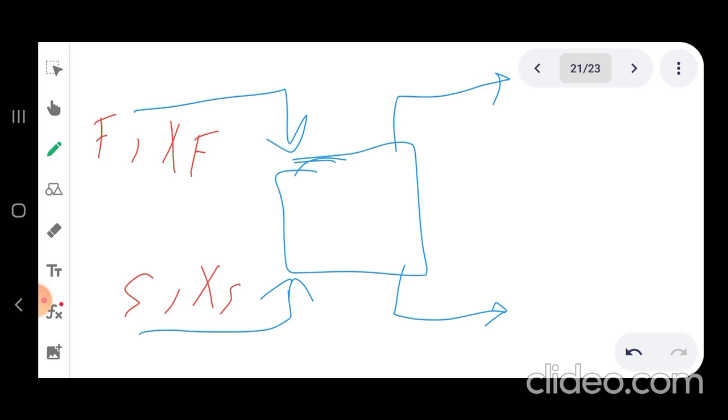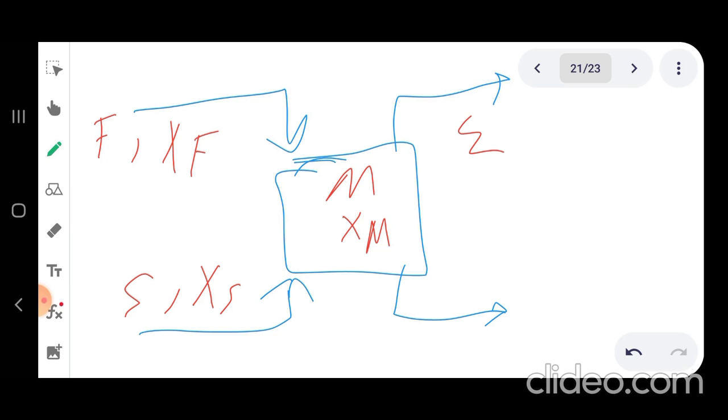Then they get mixed. We have a mixture here with a composition XM of solute A. Then we have two products, top products, which doesn't have to be a top product, but just for convenience, we are going to draw it as a top stream.